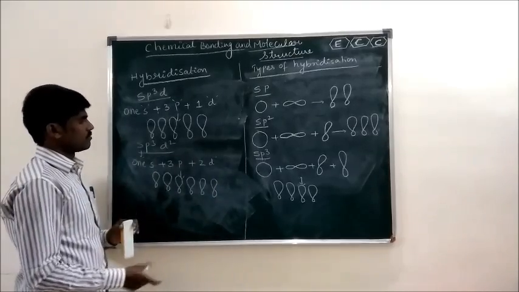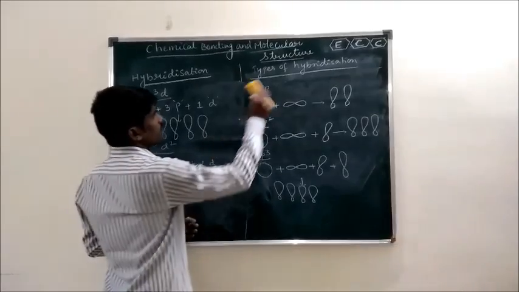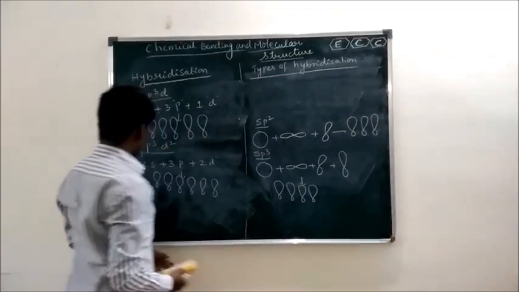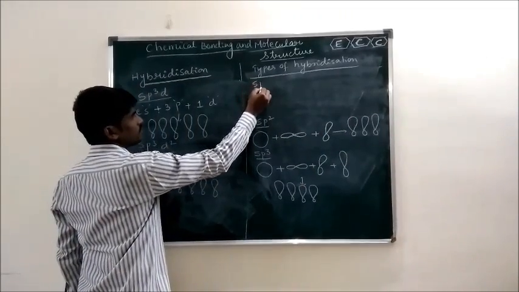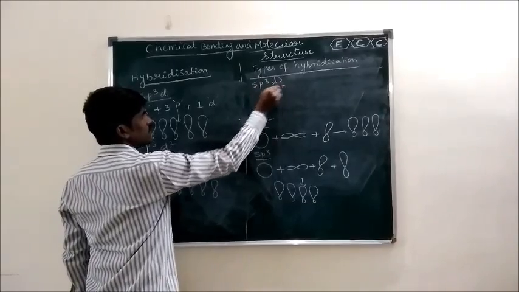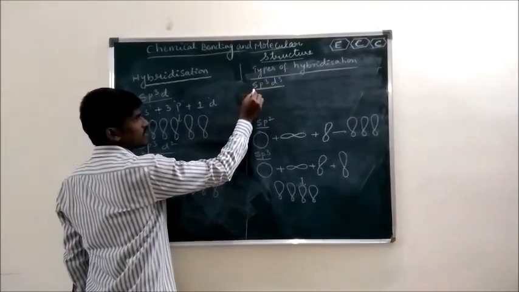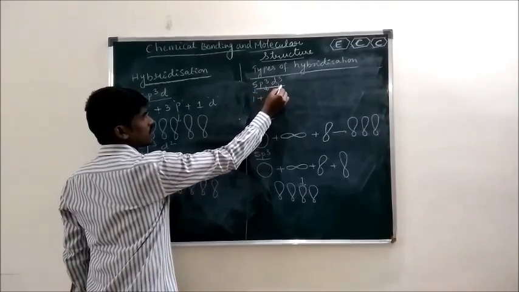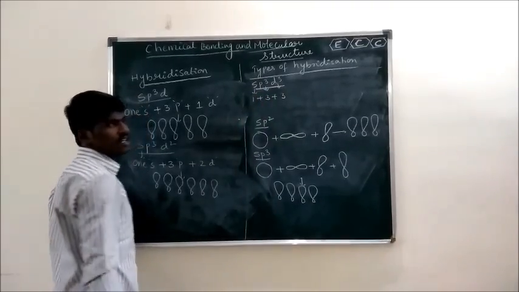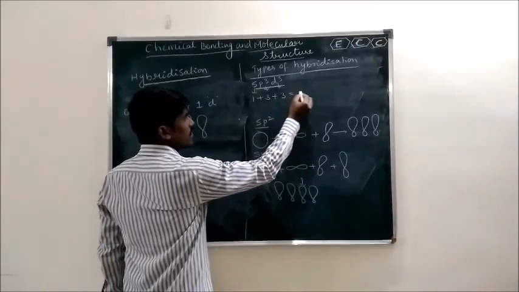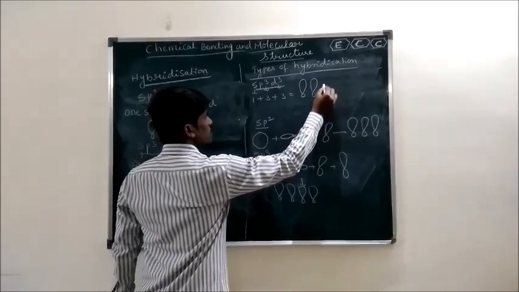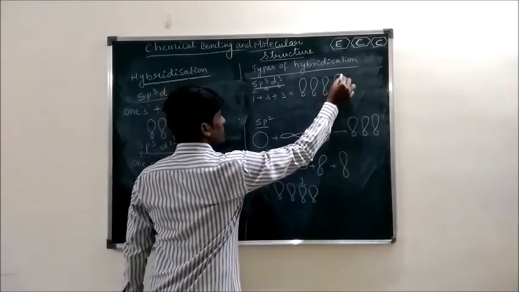Now, if you consider one more, that is the last type of hybridization, I'll take it: sp3d3. In this, one s orbital is there, plus 3 p orbitals, plus 3 d orbitals. In total you will get 7 hybrid orbitals.